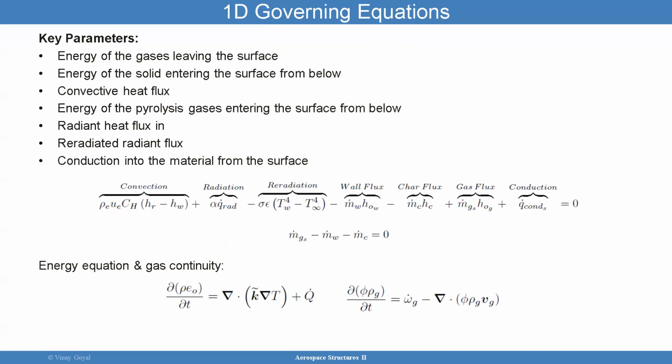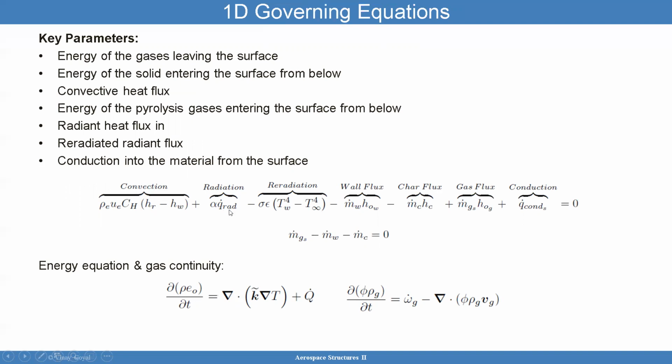Just to show you how complex this is, I'm showing the 1D governing equation. This 1D governing equation shows how you have to tackle the various aspects, the pyrolysis gases aspects, the convective heat transfer, the convection, and so forth. And I want to go through each term. So here is the convection term. Looks very similar to what we talked about before.